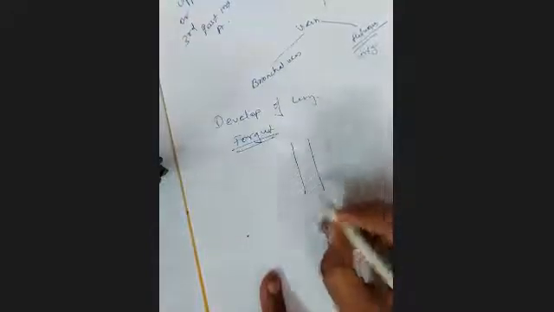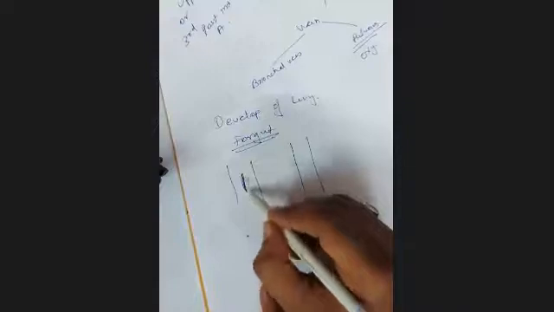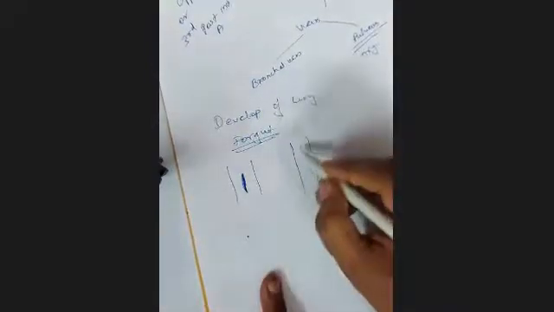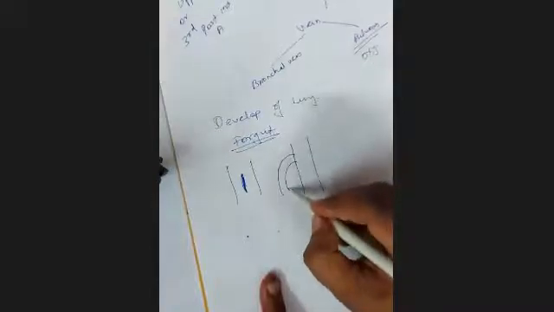Now, what is the development of the lung? The lungs develop from the foregut. Suppose this is the esophagus. Inside the trachea there develops a laryngotracheal groove, and from that groove a laryngotracheal diverticulum comes down.